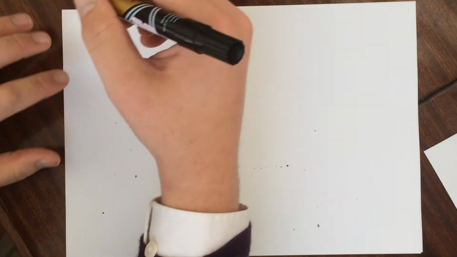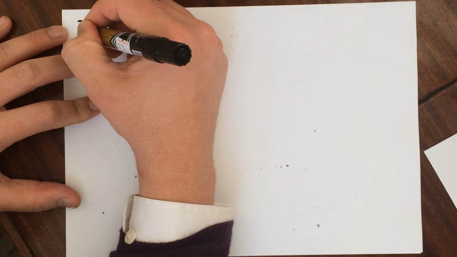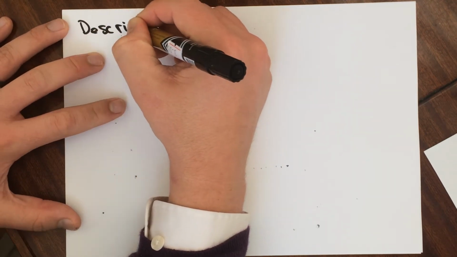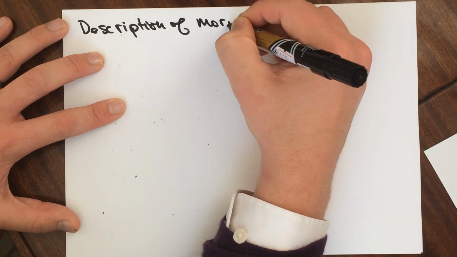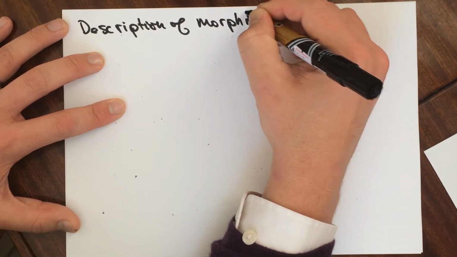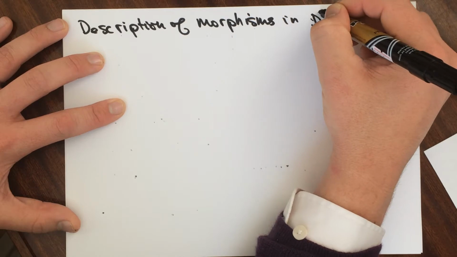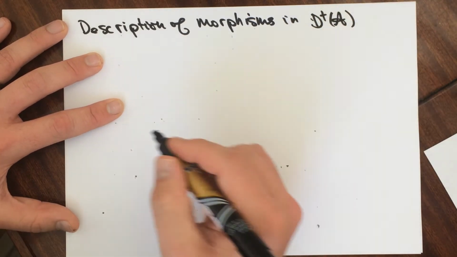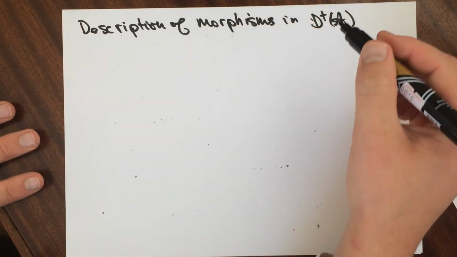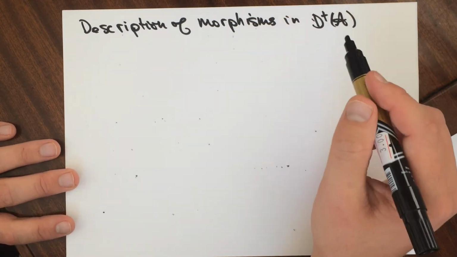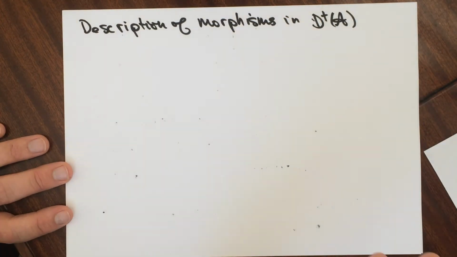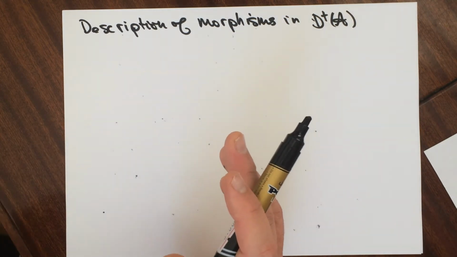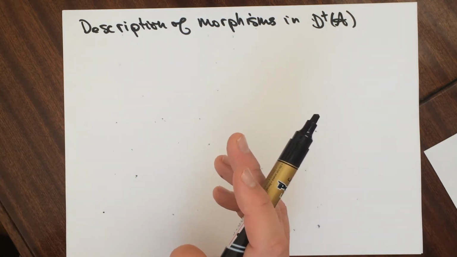So let's look at morphisms in D plus of A. Since I fixed this, I'm really going to use that the negative degrees are going to be 0 for the complexes.